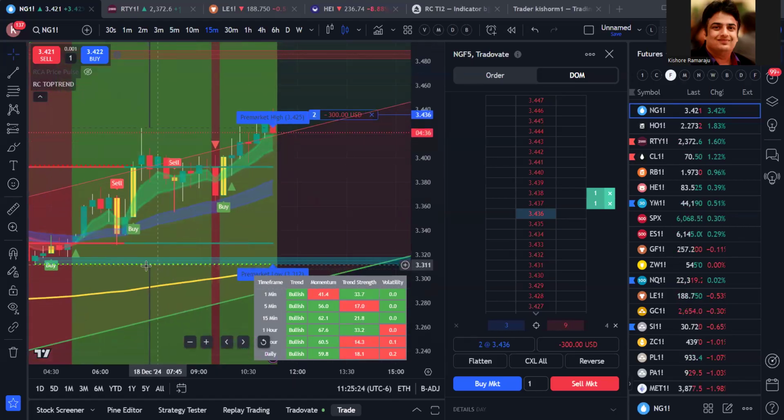If both of these are at the same point, that is very strong support. If you have green dots and also the support line, then you can see a major strong move from those areas.